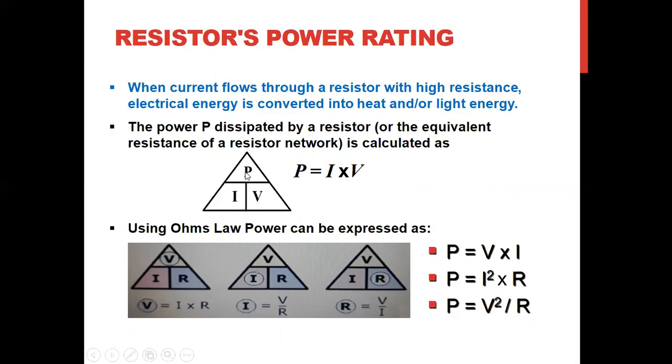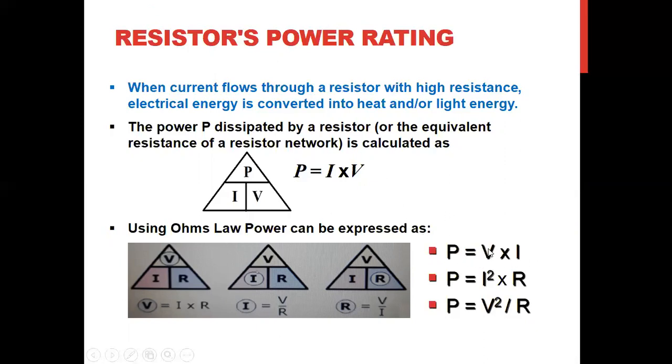We already know the relation between voltage, current and resistance using Ohm's law: V equals IR, which can be written in 3 forms: I equals V by R, or R equals V over I. If we combine this with the power law, we can get the first one, P equals VI.